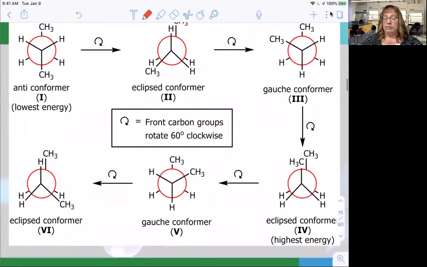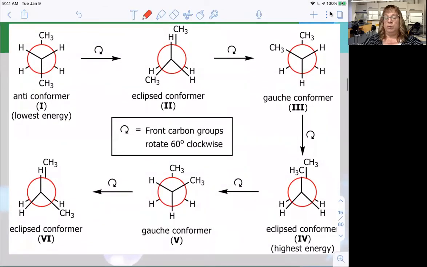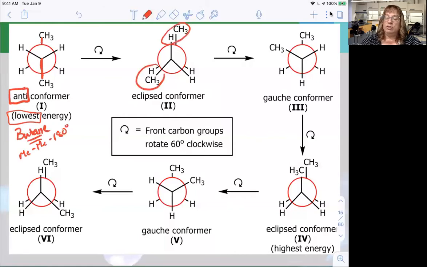So this is sort of a diagram of the Newmans. This is still butane, and this corresponds to the energy diagram we just saw before. Here I have the anti-conformer where my methyls are 180 degrees, and that's going to be overall my lowest energy. Here I have eclipsed, but I have a hydrogen methyl, and a hydrogen.